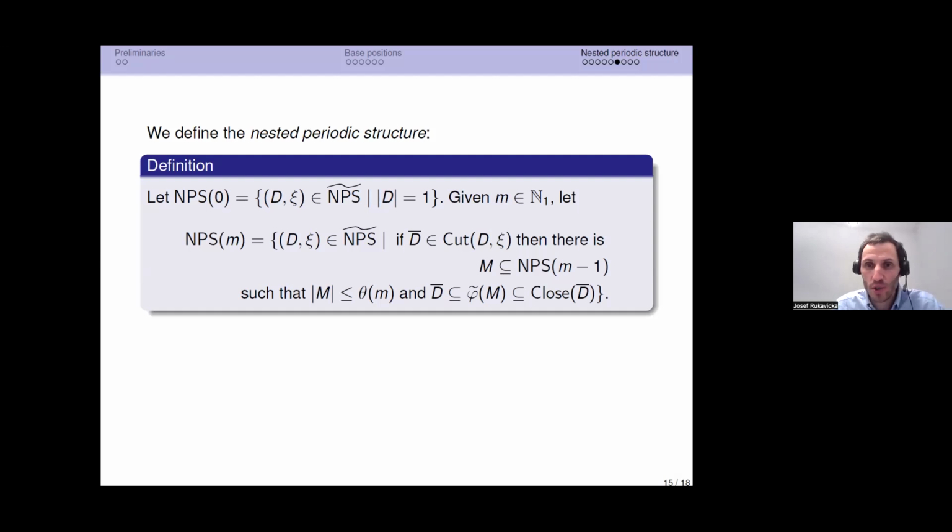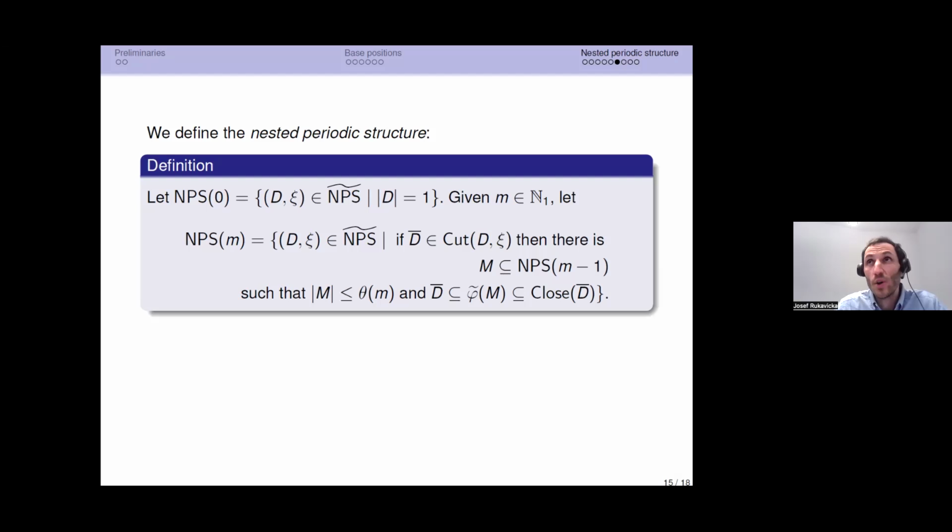The attribute with the clause, for the moment, you can forget about it. So for the level 0, these are just single positions. For the higher degrees, these are the periodic vectors, and every period is a union of at most theta m nested periodic structures of lower degree.